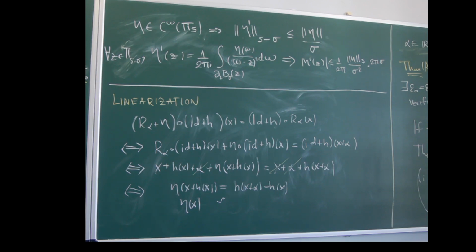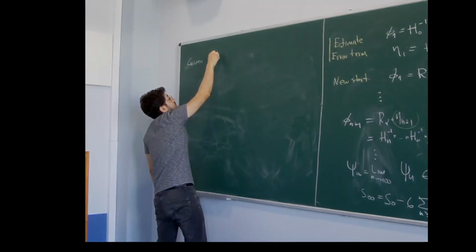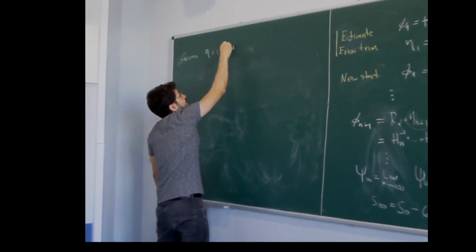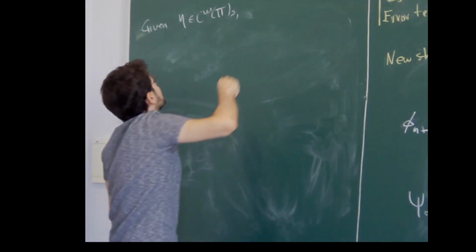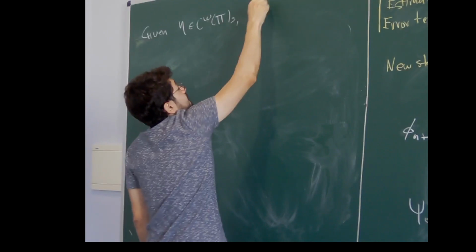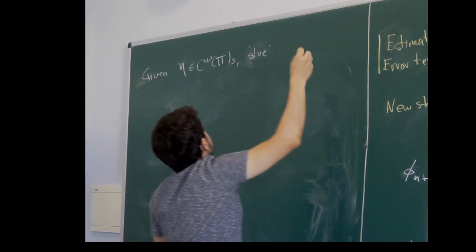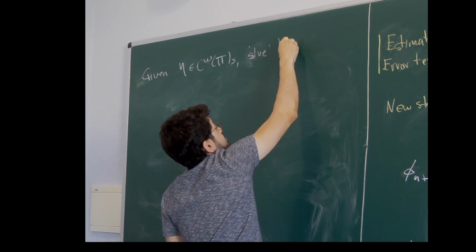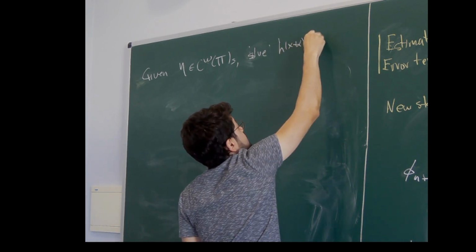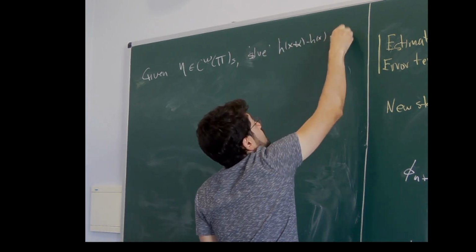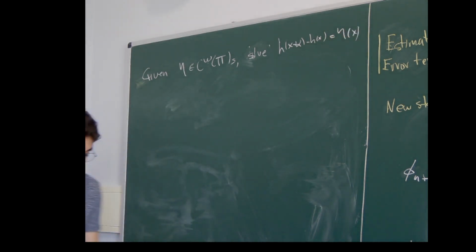So my objective now is how to solve this. Given a function here, solve this equation: h(x + alpha) - h(x) = eta(x).